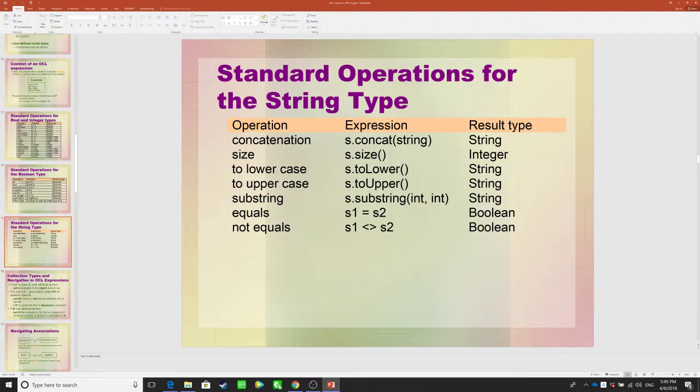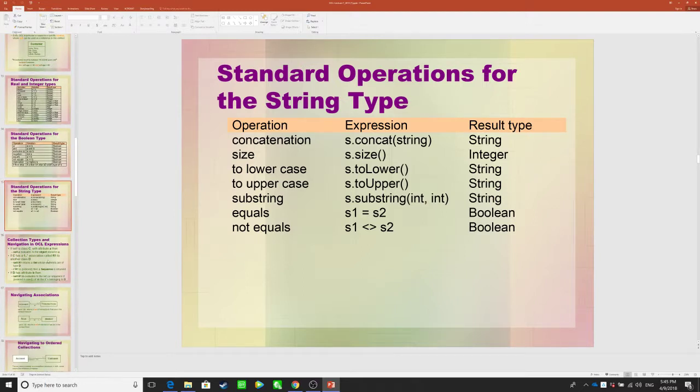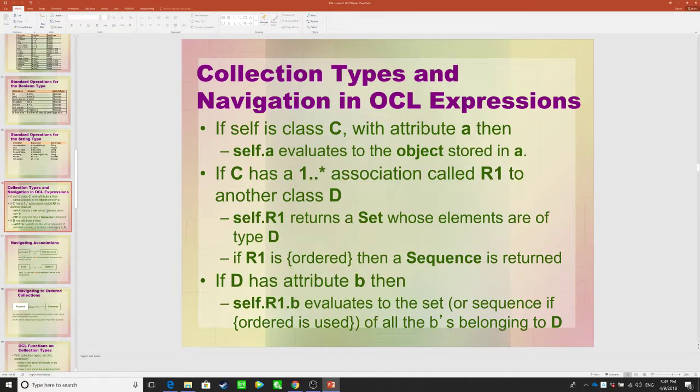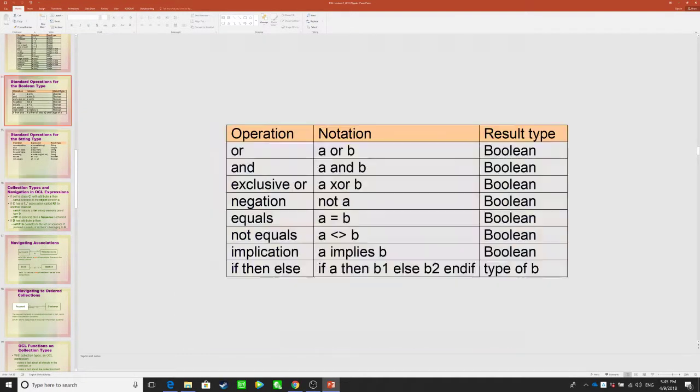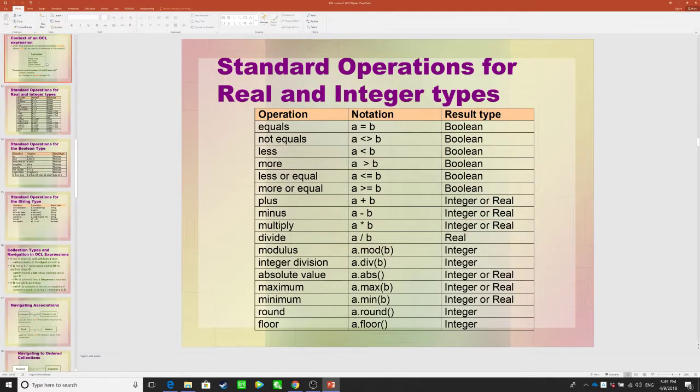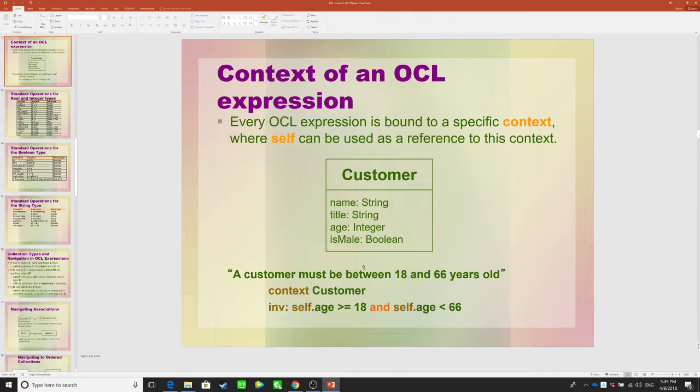Equals, not equals, compares strings. Okay, so those are some basic operations we can use. Like we're using this operator here and this operator here. This AND is used to connect Boolean operations. This greater equal is used as the operator for real and integer.